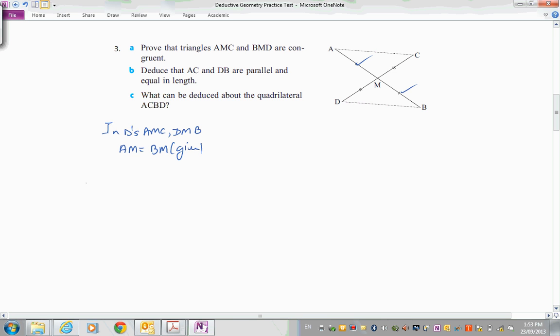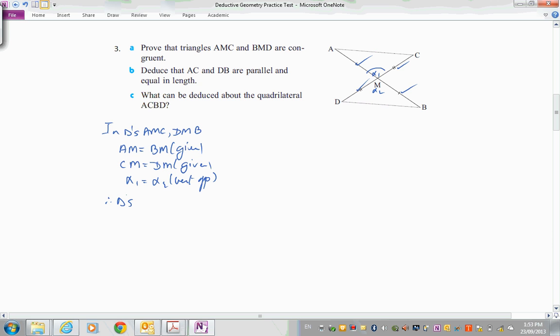Yep. And put the first triangle first. CM equals DM. Also given, this one and this one, and angle alpha 1 equals alpha 2, vertically opposite. So going well here.